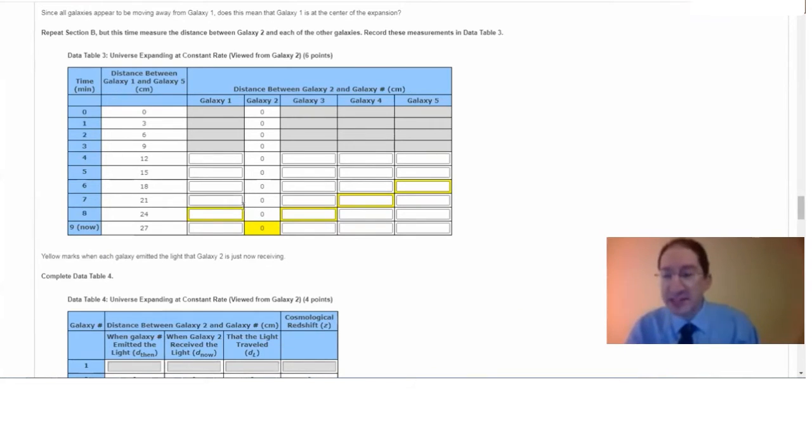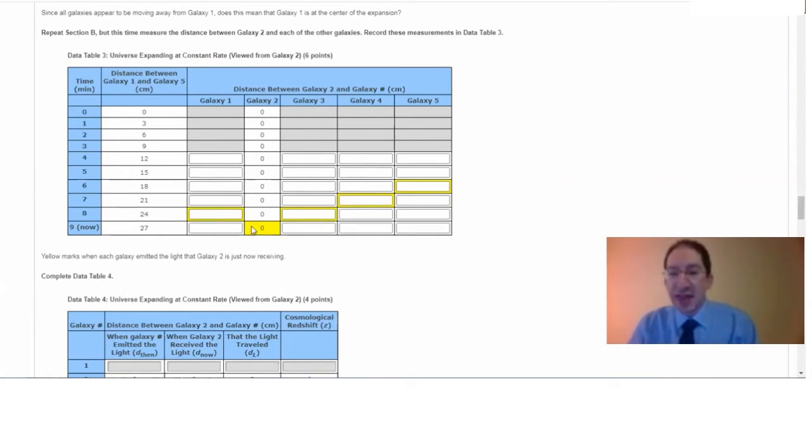So here we have the same table, the same times, the same distances between galaxy 1 and 5, but here you make the measurements with respect to galaxy 2. This is the distance between 1 and 2. This is the distance between 3 and 2, between 4 and 2, and between 5 and 2. And note, these should all be positive values, even on this side. There's no negative direction in space.